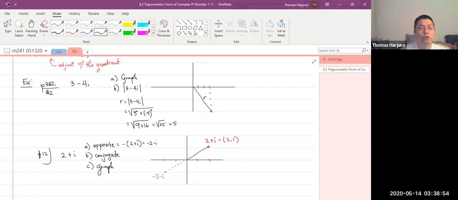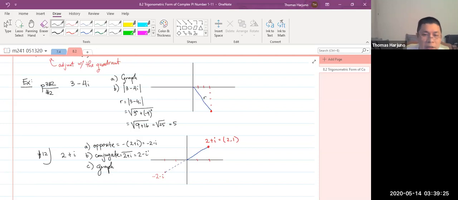Now, how about conjugate? The conjugate of a complex number, so we have 2 plus I, has the notation of a long line on the top. The conjugate of a complex number will be the same real part, but the imaginary part, you take the opposite.